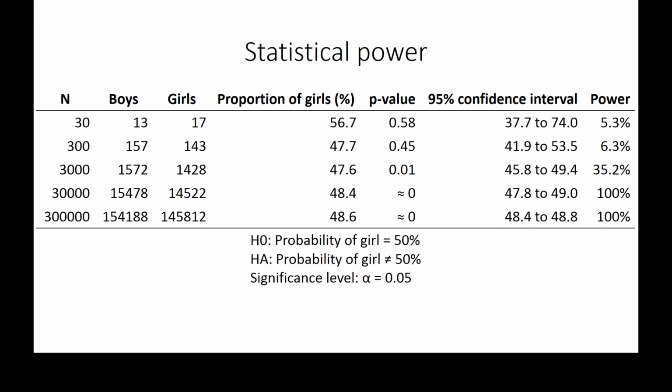In the third row, we got a pretty low p-value, but the power was only 35.2%. So this means that we essentially got lucky. About 2/3 of the time, we would have been expected to keep H null, which would have been wrong, right? But sometimes you're lucky. The bottom two rows reject H null more or less every time.